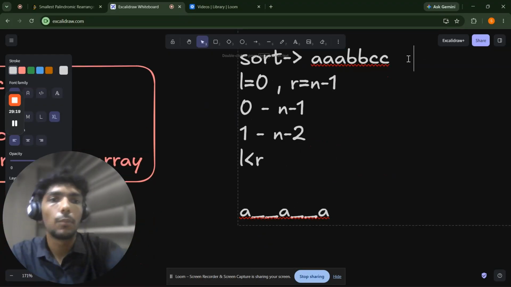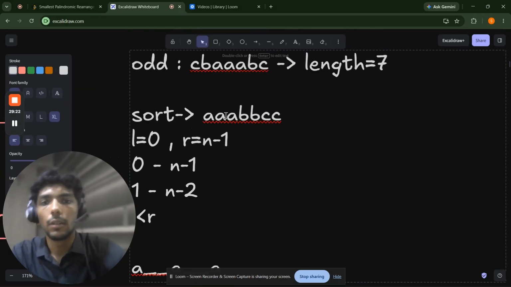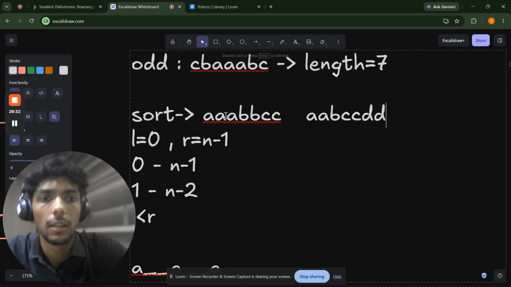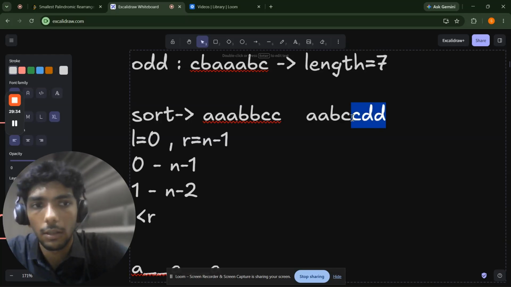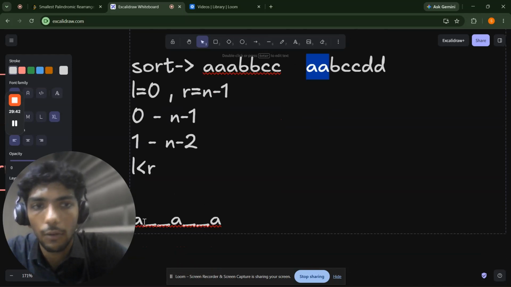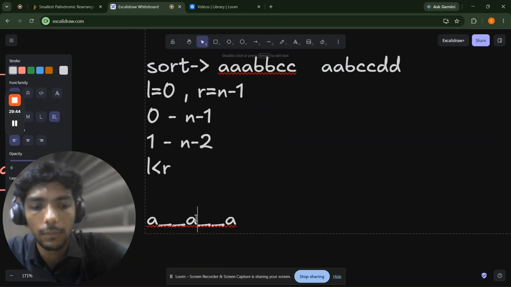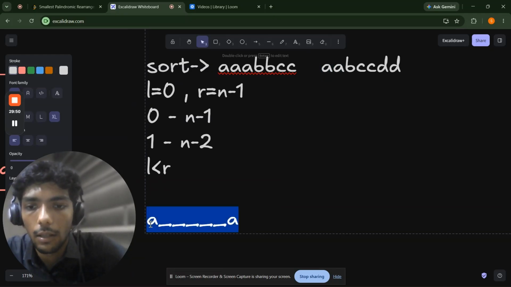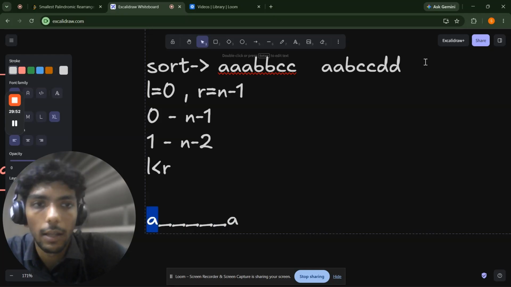You might be wondering, how is it possible that we found this A only as the odd one? Suppose after sorting we found out that it was A, B, C, C and D, D. Suppose there was one palindrome, and when we sorted it we got this. So we exhausted this A over here, this A over here, and this A over here.